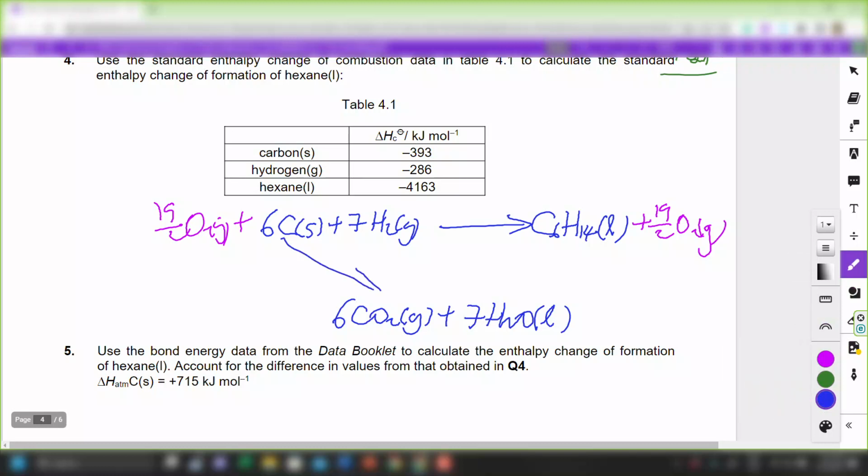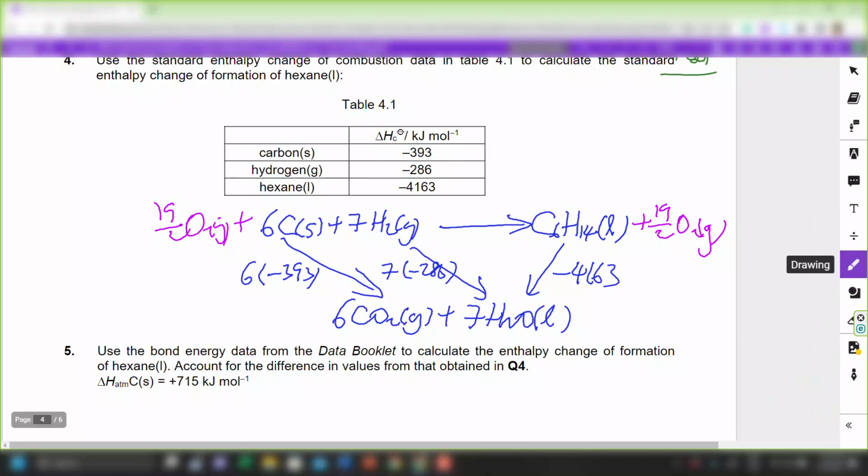So for combustion of 6 equivalents of carbon, that will be 6 times minus 393. For the combustion of 7 equivalents of H2, that will be 7 multiplied by minus 286. And then for combustion of hexane, that will be negative 4163. And then just ensure that my loop is closed.